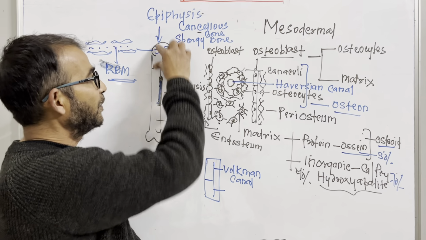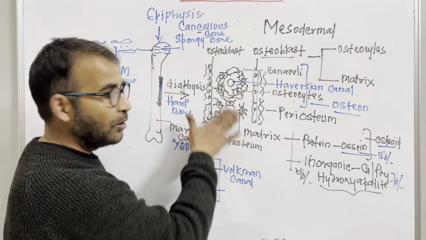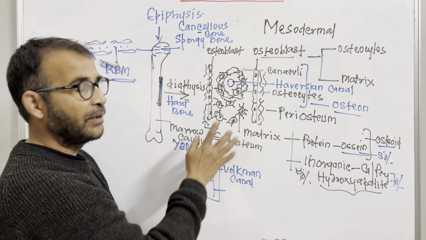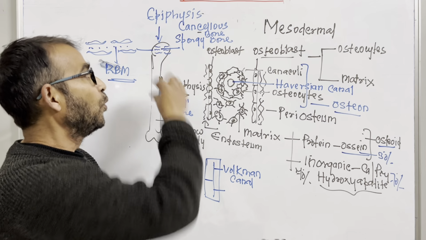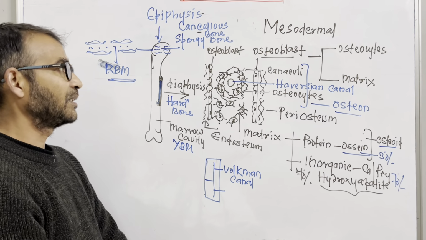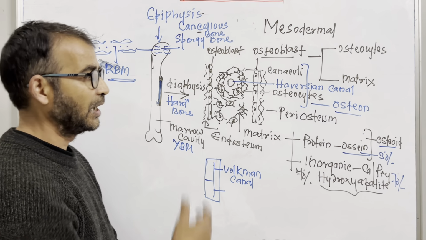If you consider the difference between these two, here you have the Haversian canal and the concentric lamellae. Here there are no concentric lamellae and no Haversian canal, only the trabeculae or bar-like structures are present, which contain in between the red bone marrow, which forms the RBC.